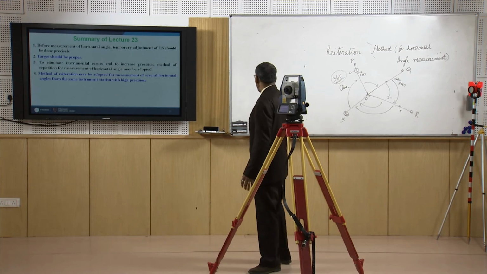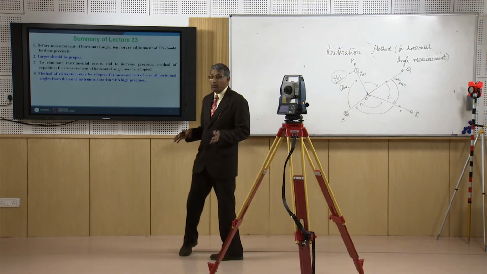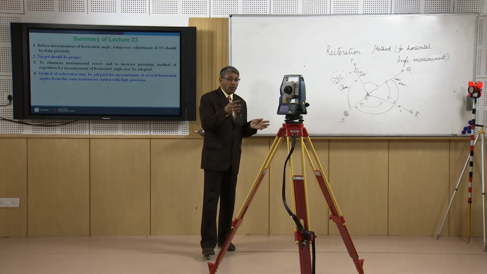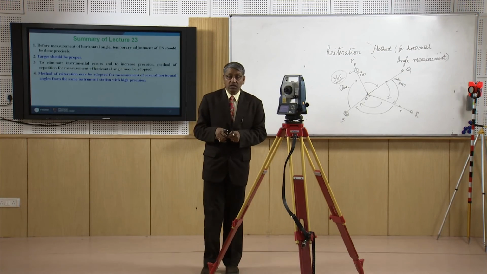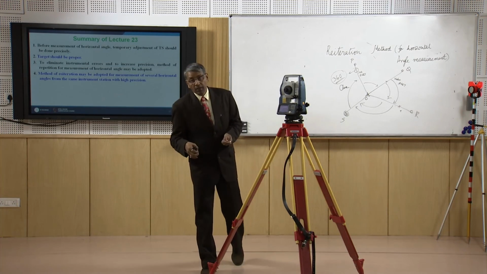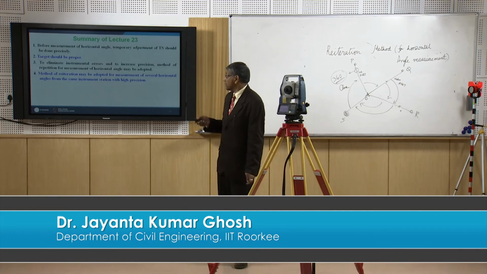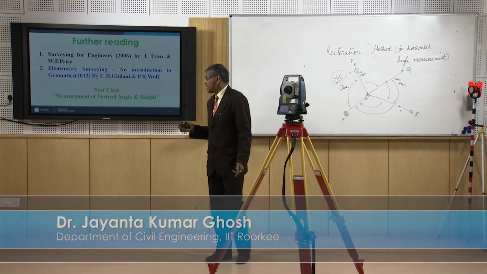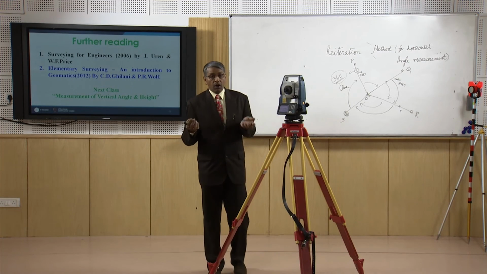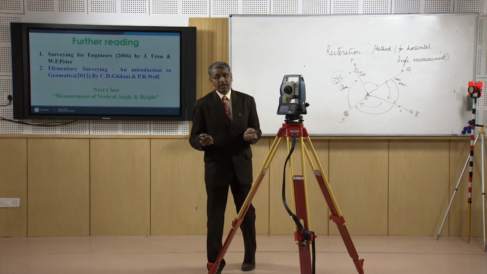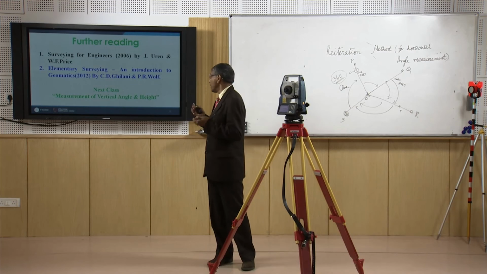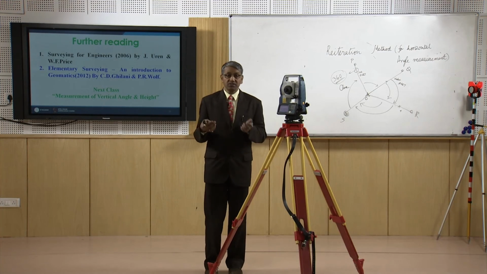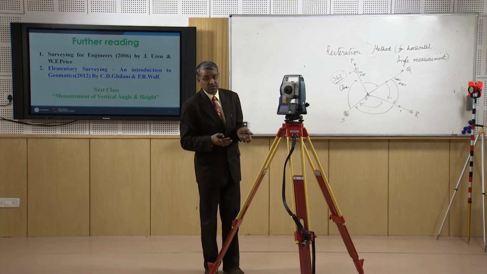And when we would like to measure a number of horizontal angles from the same station, then we go for the method of iteration. With this I would like to conclude today's class, and in the next class we will discuss the measurement of vertical angle and how to measure the height as well as the difference in height using a total station.